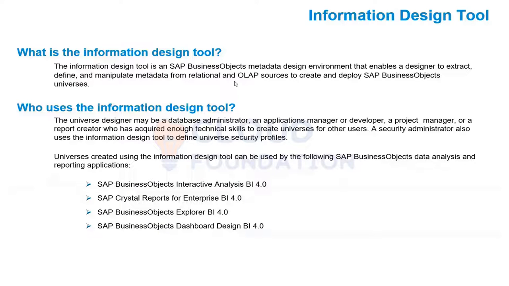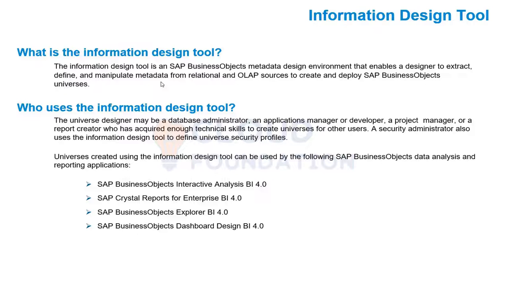Here is the definition of information design tool. Information design tool is the SAP Business Objects metadata design environment. As I told you already, it is for designing metadata. It enables a designer to extract tables, define them, give proper definitions for objects, and manipulate metadata from relational and OLAP sources. Manipulating metadata means we can write some formulas here.